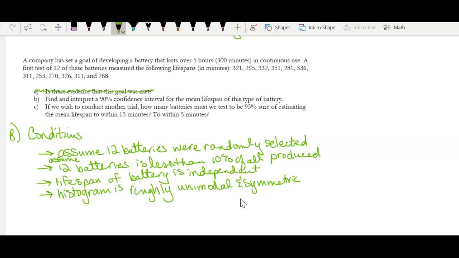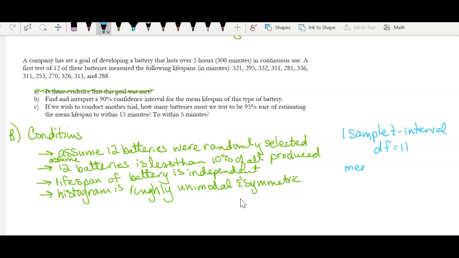Okay, so now I'm going to change colors for each part I do. Now what we're going to do is run a 1 sample t interval with our degrees of freedom being 11. We do need to find out what our mean is, and what our standard deviation is.